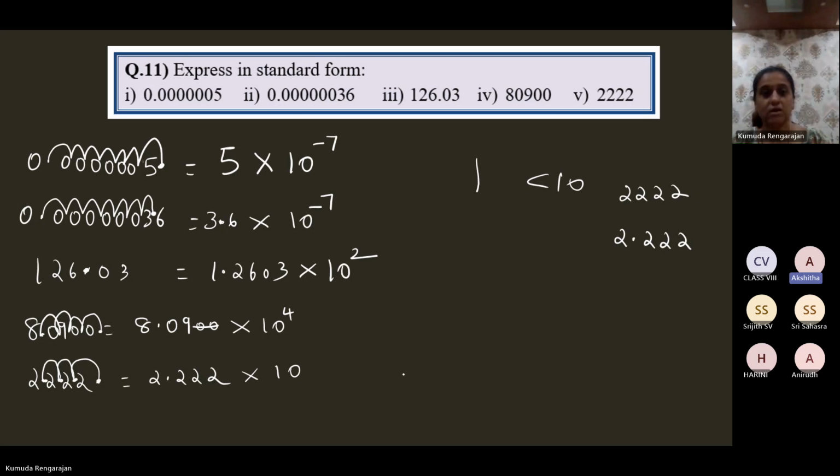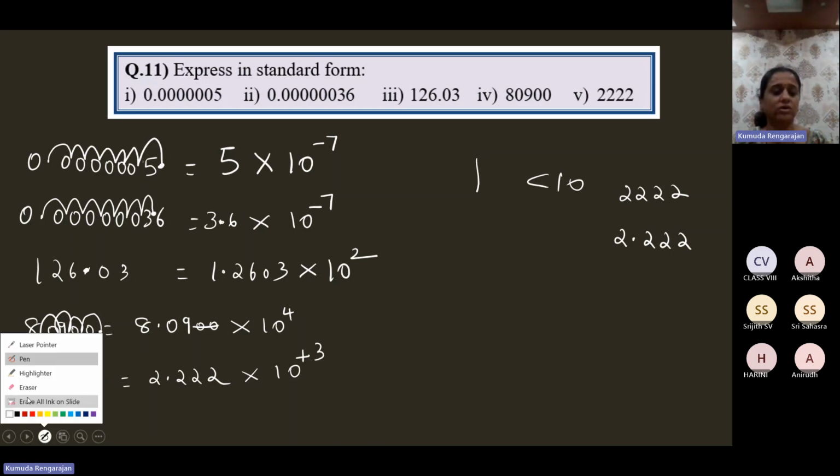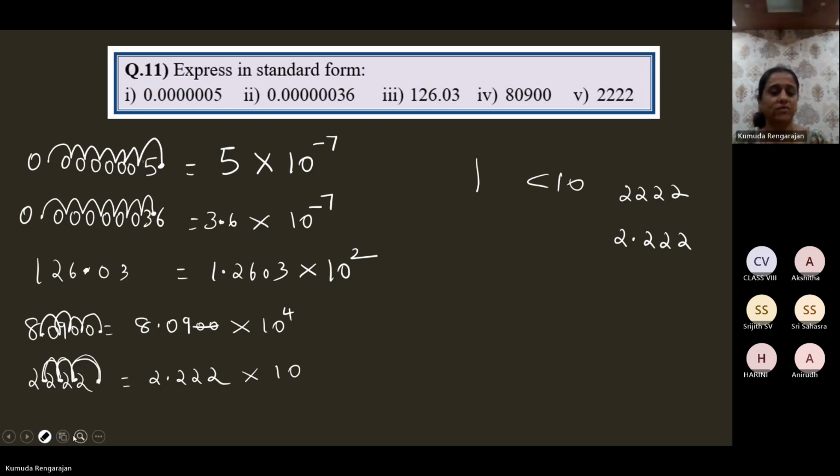Negative, ma'am. No, you've decreased it already. So positive, ma'am. Positive power. Okay. So by how many places did you shift the decimal point? 3 places, ma'am. 1, 2, 3. So raise 10 to a positive 3. Plus 3 or simply 3. Okay? Very good.